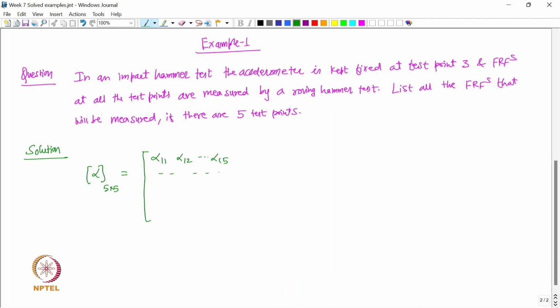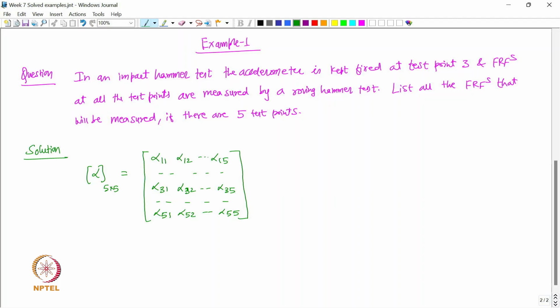Then alpha 2 1, alpha 2 2, up to alpha 2 5, then alpha 3 1, alpha 3 2, up to alpha 3 5, and at the end we will have alpha 5 1, alpha 5 2 and alpha 5 5. So, this is the FRF matrix.